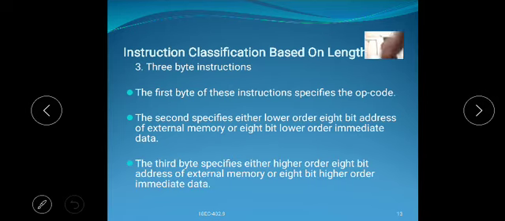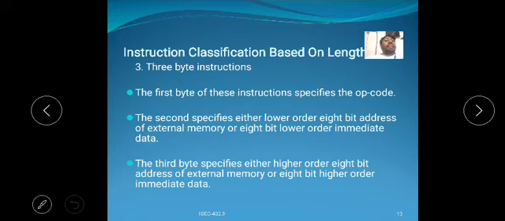The 3 byte instructions. The first byte of these instructions specifies the opcode.